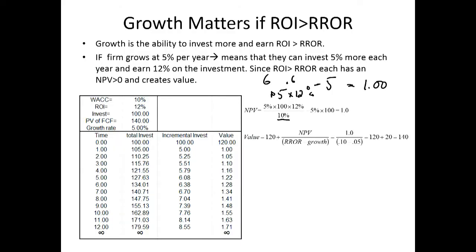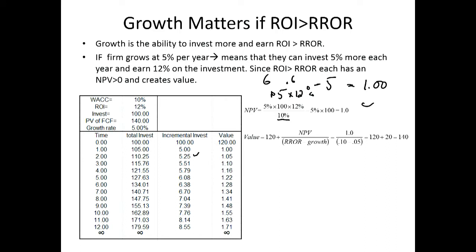Now, when I go to the next year, I invest 5% more. In other words, I have growth here, 5%, so not 5, but 5.25. If I go through this whole process, what I wind up with is 1.05.